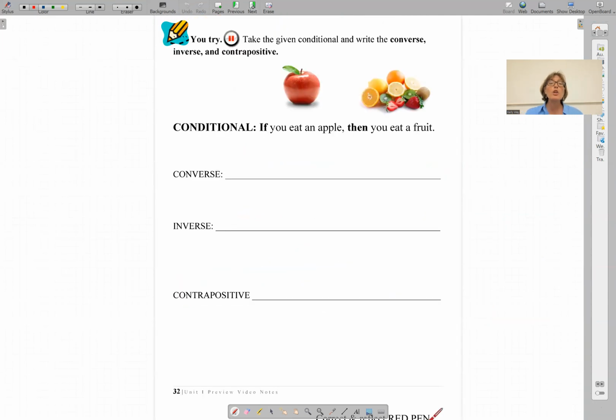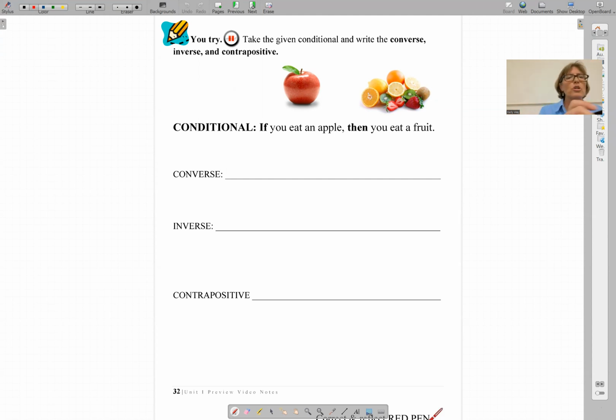Ready? I'd like you to take this conditional, walk it through the converse, inverse, contrapositive, and then restart and get ready to grade. Pause. Welcome back. The original conditional says, if you eat an apple, then you've eaten a fruit.